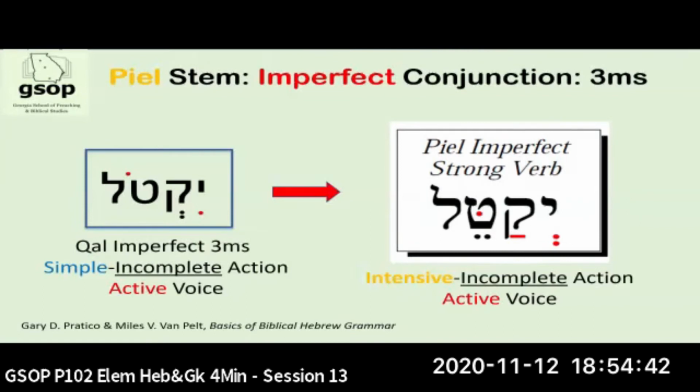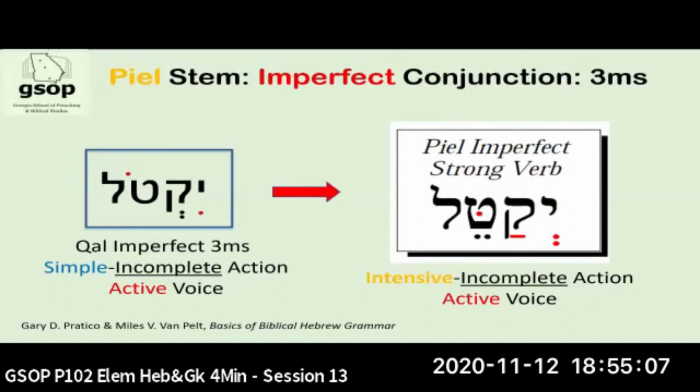The imperfect is very much like the imperfect from the Qal. We're still using I killed, he killed, qatal form. Here's the yiqtol in the imperfect Qal, third masculine singular. And the Piel would also be active voice, but it's going to be intensive action.